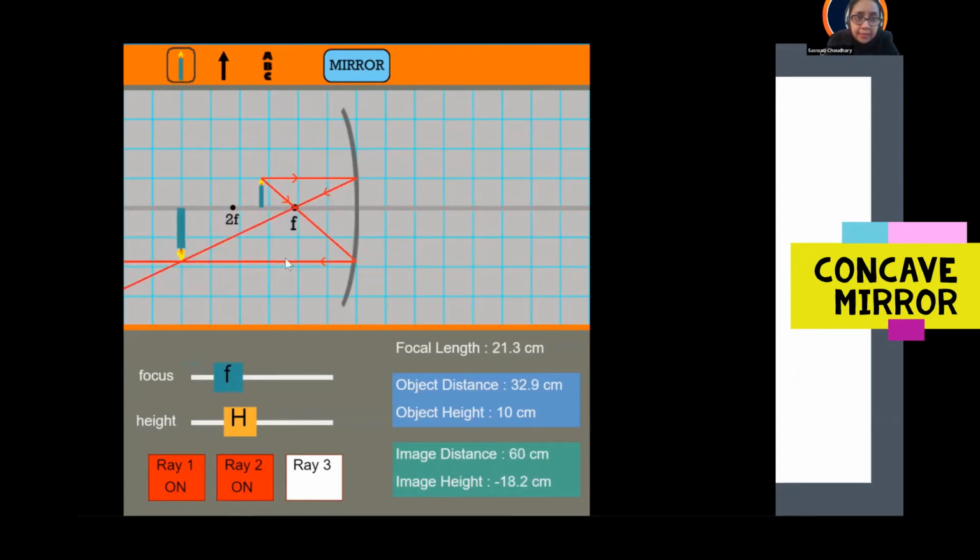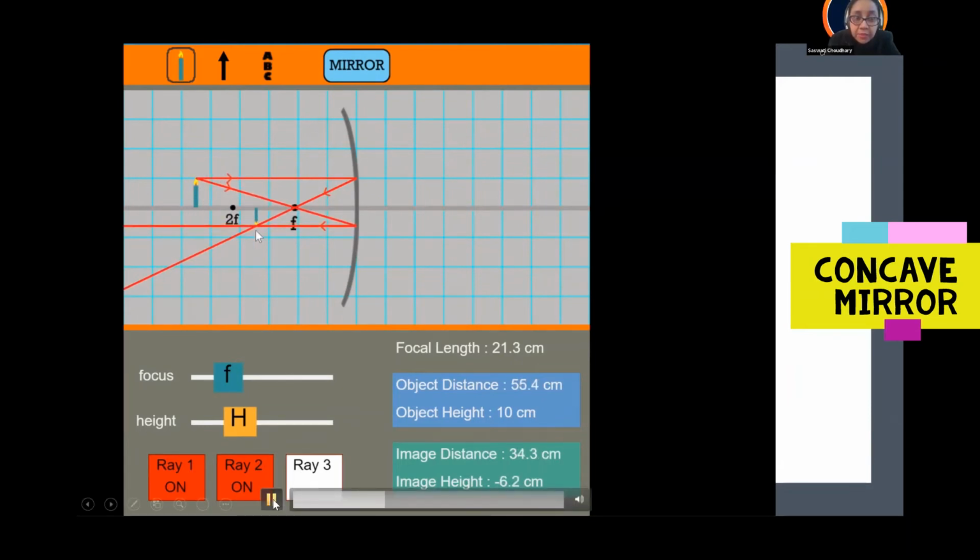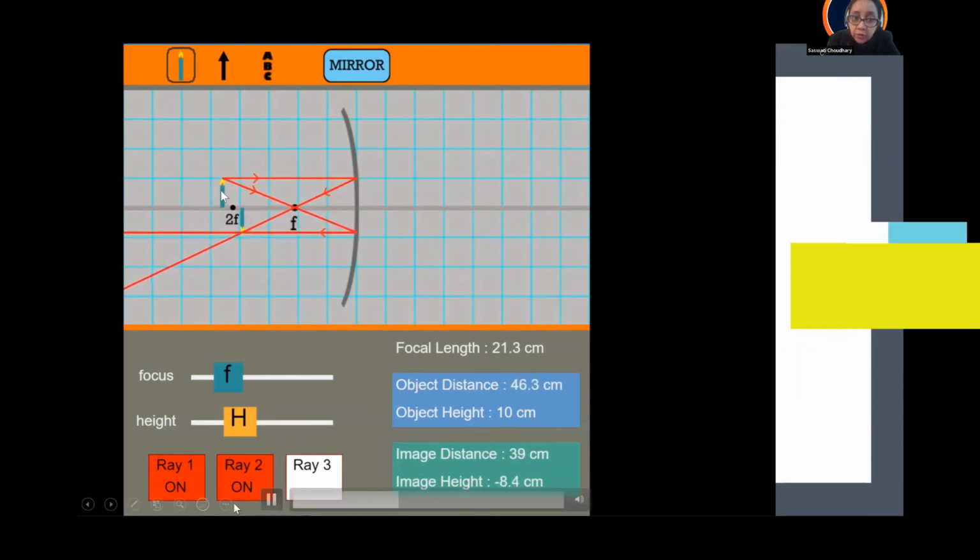Here let me start from the beginning, with the object beyond 2f. You can see that whenever I drag the object beyond 2f, the image is formed between 2f and f. Now I'm slowly dragging it towards 2f.